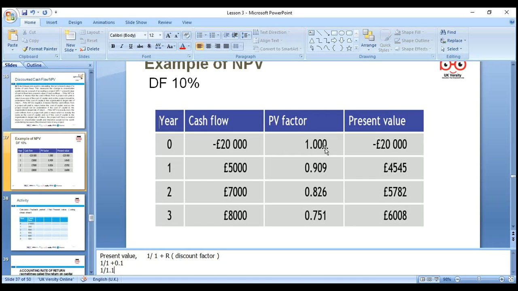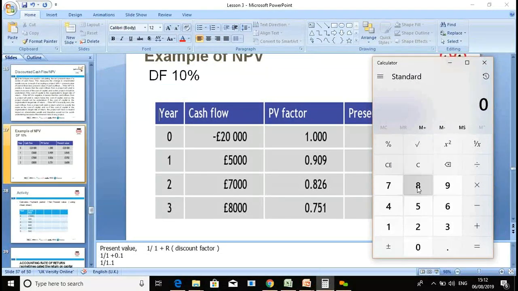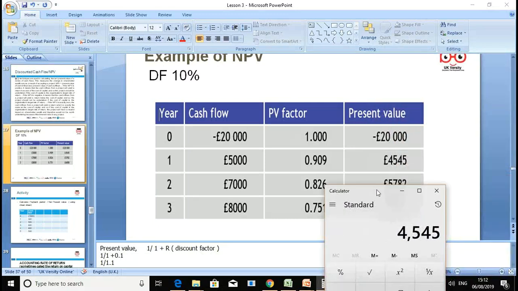So what we do now in this column: 20,000 times present value 1 is 20,000. Then 5,000 times 0.909 gives me 4,545.